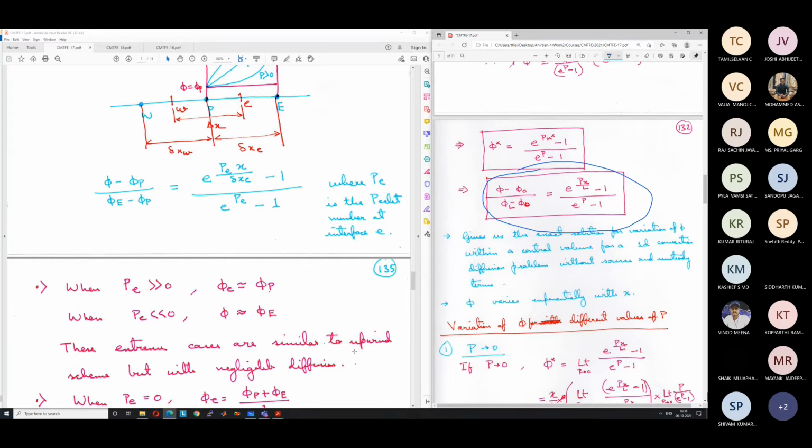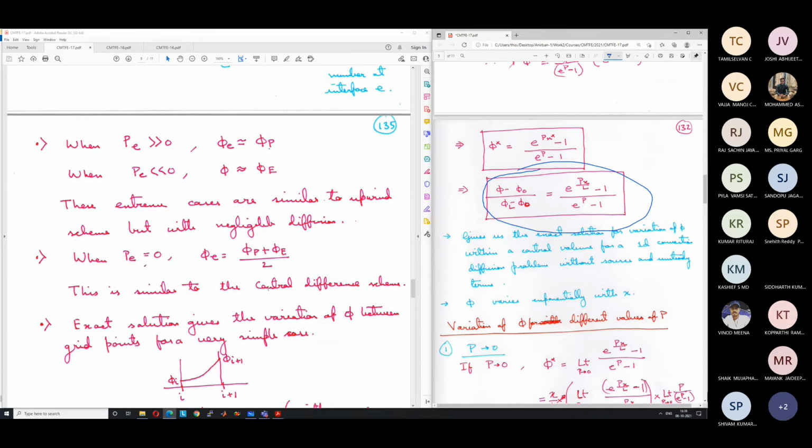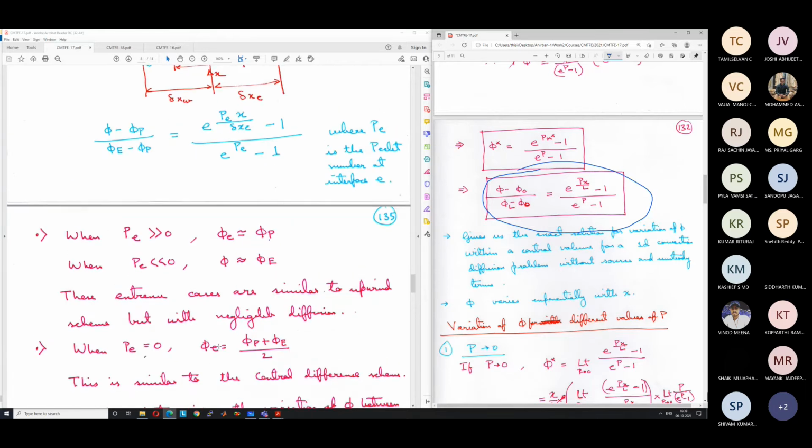Okay, so even including diffusion, this is true. But in upwind scheme, we had assumed that diffusion is still given by the linear average, which overestimated the diffusion. Okay. If Peclet number is equal to 0, you will find that phi is equal to (phi p plus phi e) by 2, and this is similar to central difference scheme. Okay, all this we have discussed.